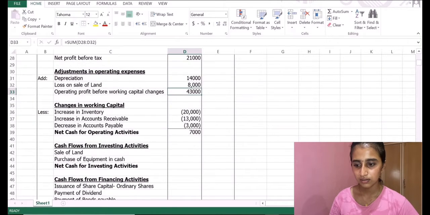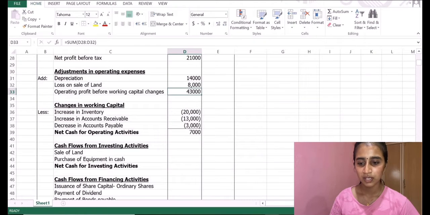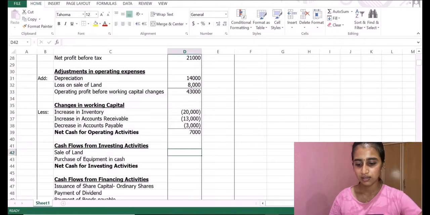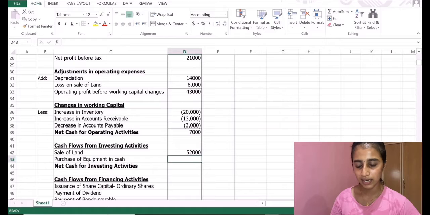Then for cash flow from investing activities, sales of land. If we refer to the question, it tells that land, which originally cost 60,000, was sold for 52,000. So we have to take the sold price, 52,000. We get cash, so the cash is increasing, so we have to plus.